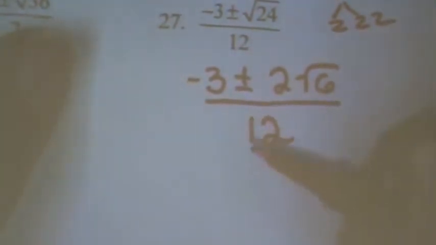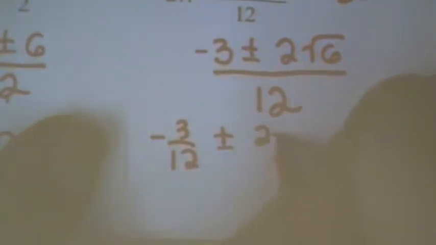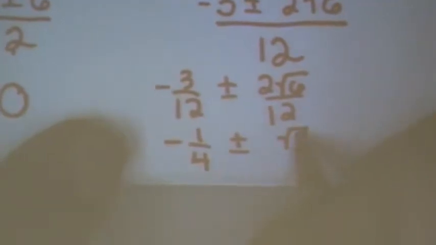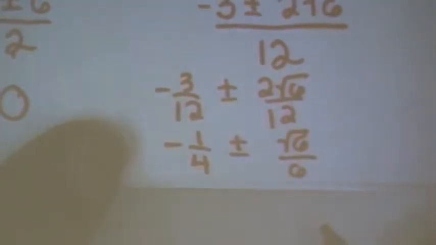Or you could break this up into negative 3 over 12 plus or minus 2 root 6 over 12, and then cancel it separately. So this is going to be negative 1/4 plus or minus root 6 over 6. That is also okay. This is good, or this is good.